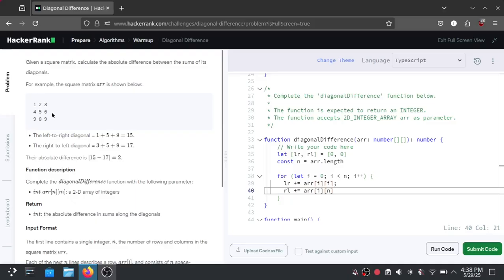So we are using -1, and then -1 will be pointing to the second element, which is 3.